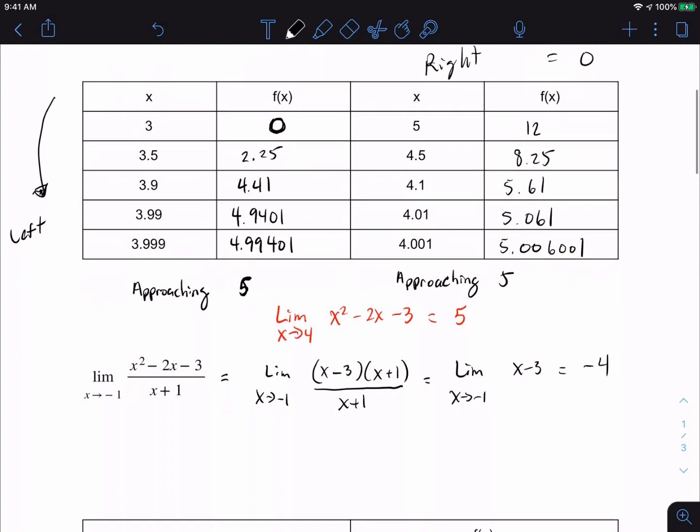Very close. So here's something cool. It is -1, but what's the function? Oh, 3. You guys ready for this? It's 0.